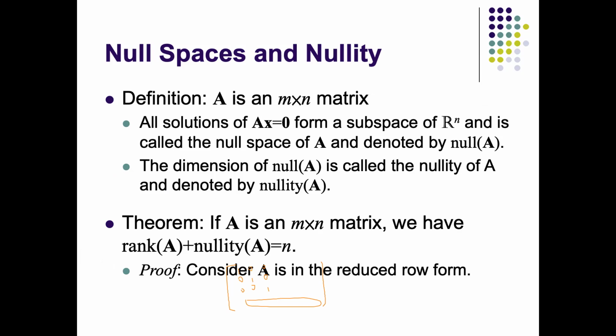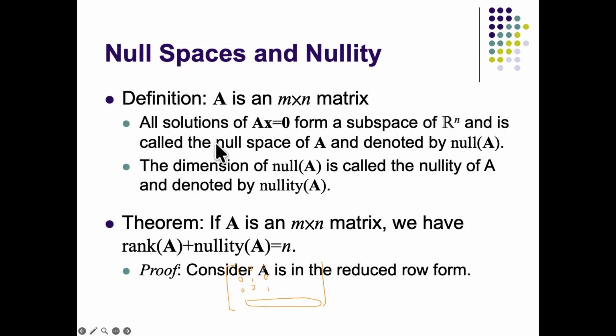So now, we are trying to link the null space with the rank. We will put them together. If A is an n times n matrix, all solutions of AX equal to 0 form a subspace of Rn and is called the null space of A, denoted by null A. This is not new.